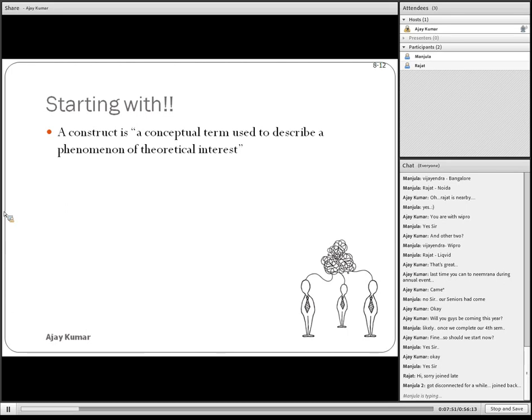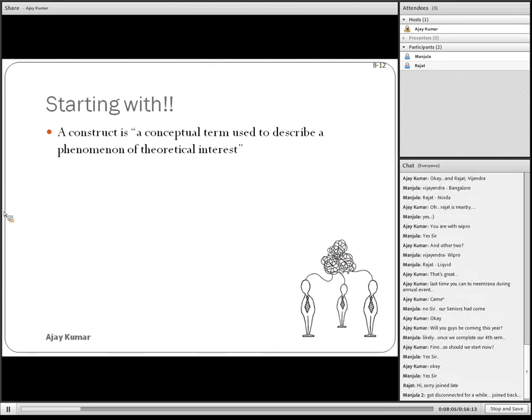Now, when a questionnaire which has been designed is widely accepted for the very definition, for the very characteristic that it is trying to measure, then that questionnaire is called a scale. All right. So the scale here would become something which has been accepted worldwide.